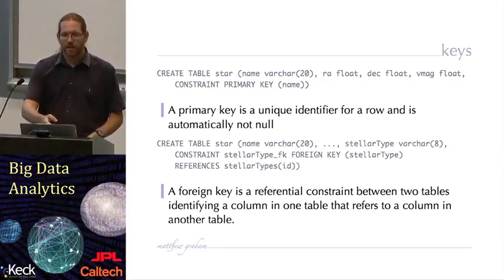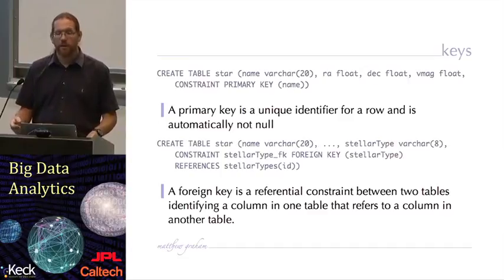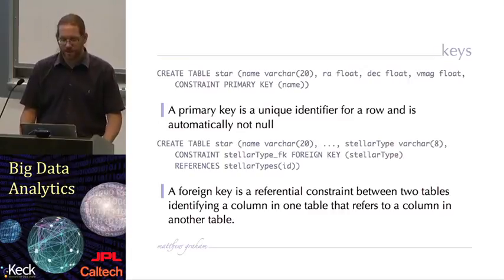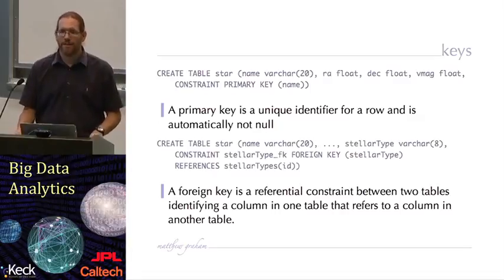When I'm creating my table, I can identify the column or set of columns that I want to be used to construct the primary key by using the particular syntax given here. So in this case, I'm saying that the name column will be the primary key. This is automatically a clustered index on this particular table.